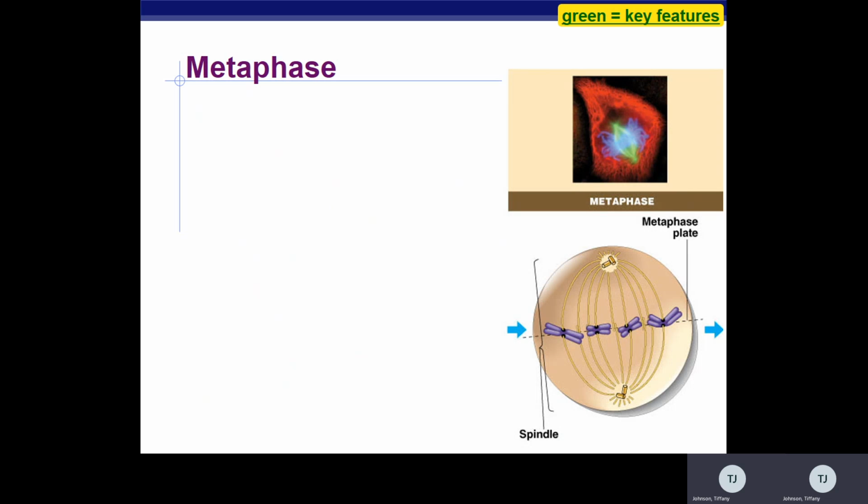There is no nucleolus. The centrioles are now at the poles, the north and the south. And the spindle fibers are attached to the centromeres of each of the chromosomes.